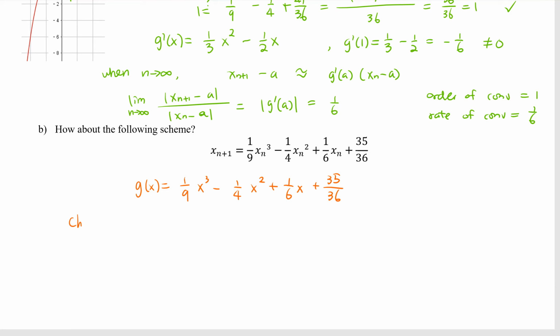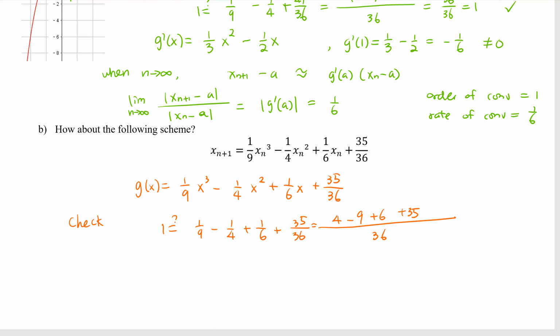Let's check whether 1 is a fixed point. So 1 equals 1 over 9 minus 1 over 4 plus 1 over 6 plus 35 over 36. The common denominator is 36. 1 over 9 is the same as 4 over 36, 1 over 4 is the same as 9 over 36, and 1 over 6 is the same as 6 over 36, plus 35.